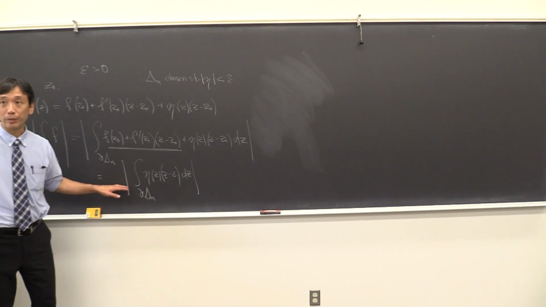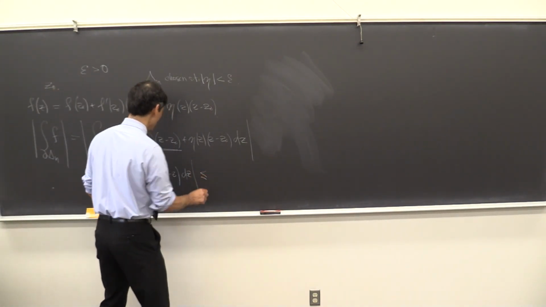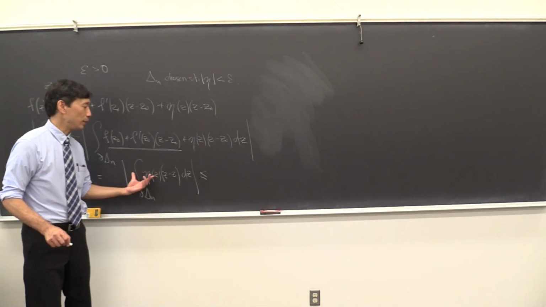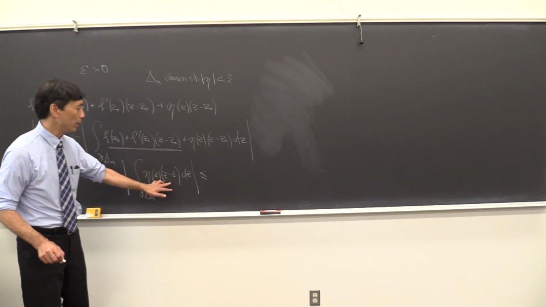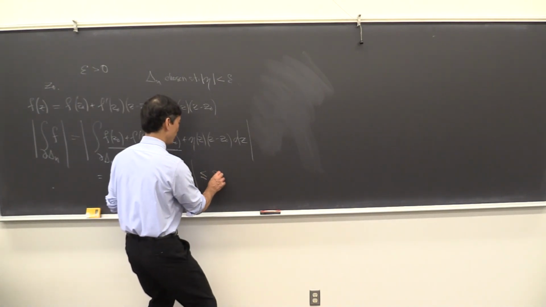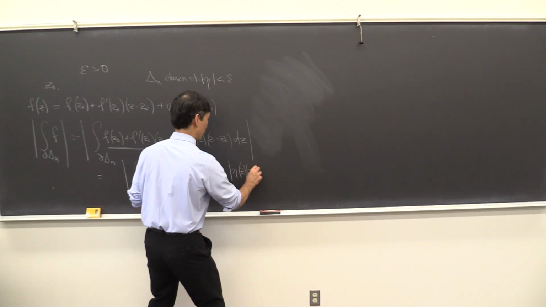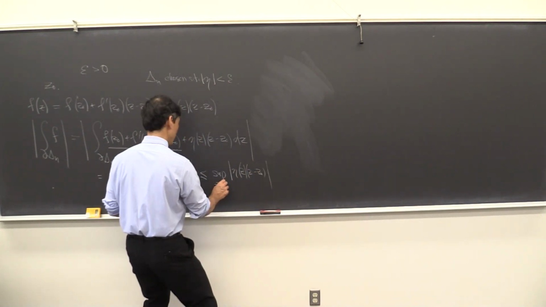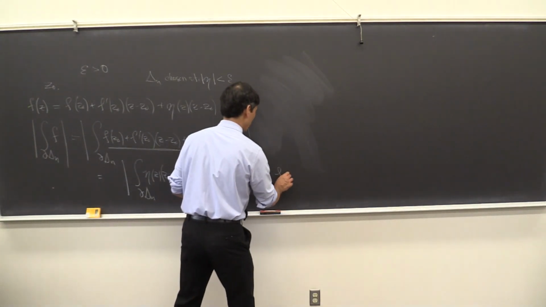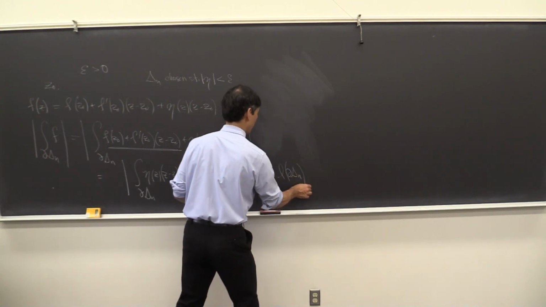And it's at this point we want to apply the triangle inequality for complex integrals, which says that this integral is controlled by the supremum of the absolute value of this as z ranges over the curve, times the length of the curve.